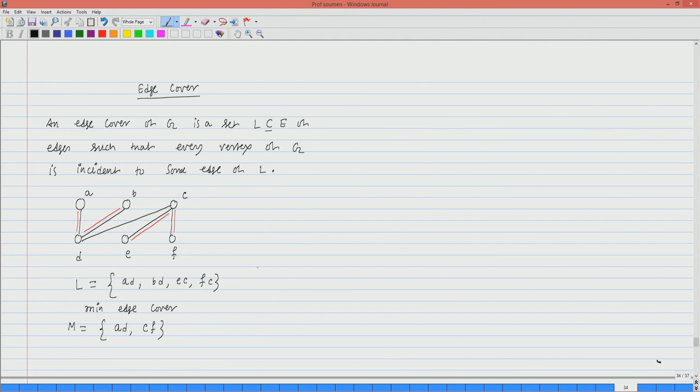Let me consider another graph. Again a 5 cycle.